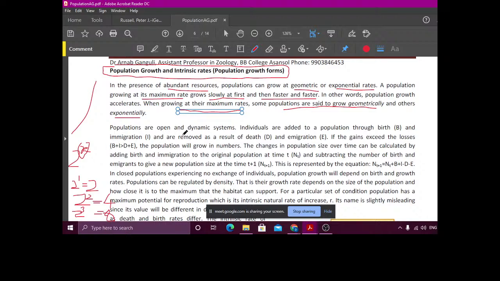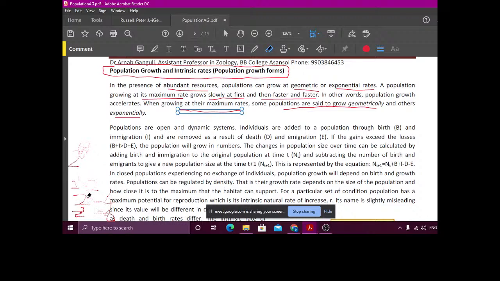So 2, 4, 8, 16, 32, this is a very exponential growth. So this is a very fast type of growth which is taking place. So this is how the growth takes place.